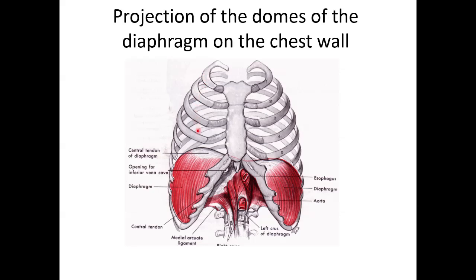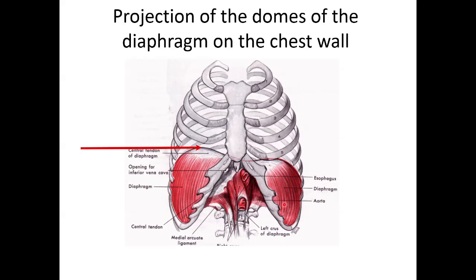According to the ribs, where is the localization, the projection of the domes to the anterior wall of the chest?